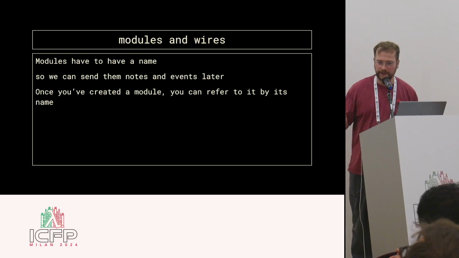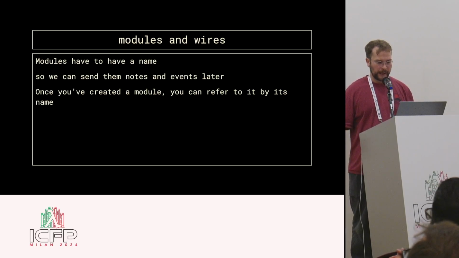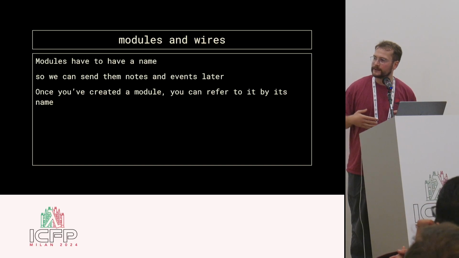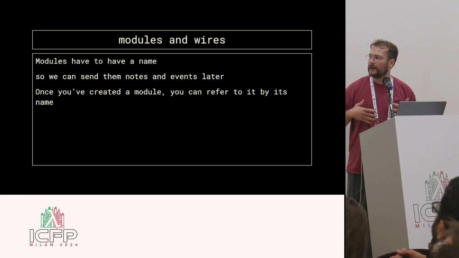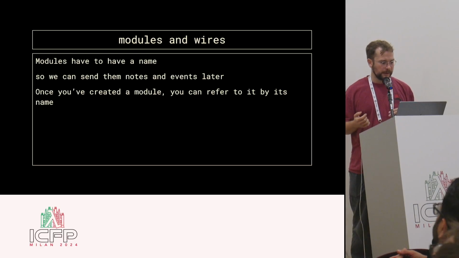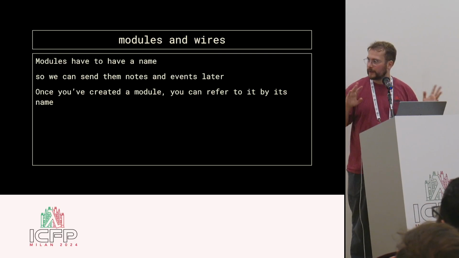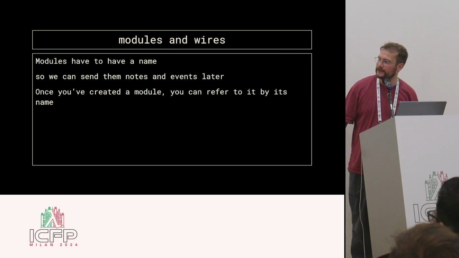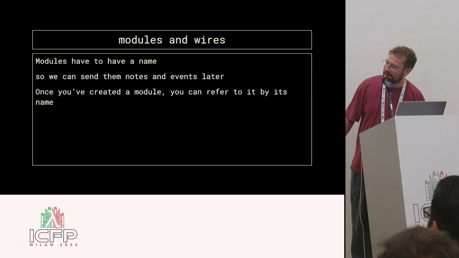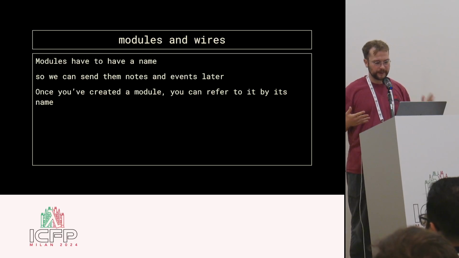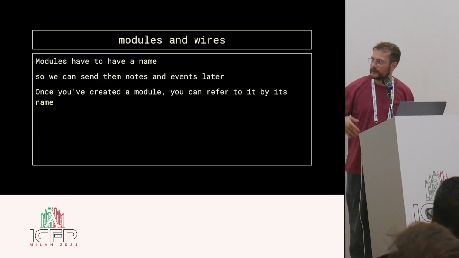So yes, we saw earlier that modules have to have a name, and that's because we want to send them events later, so parameter changes or play events. And after you've created a module by just wrapping its definition in some parentheses, you can then refer to it by its name. So if you want to do extra wiring on that later, you can just use its name.